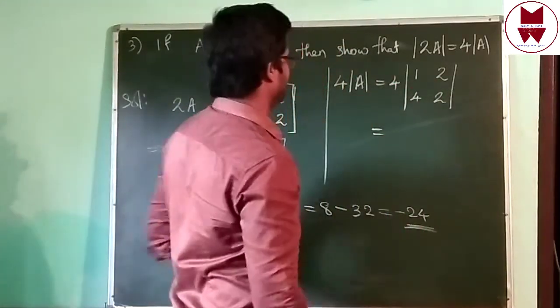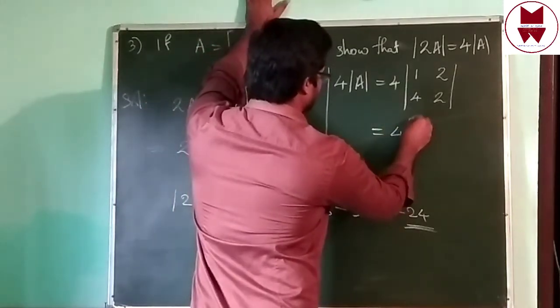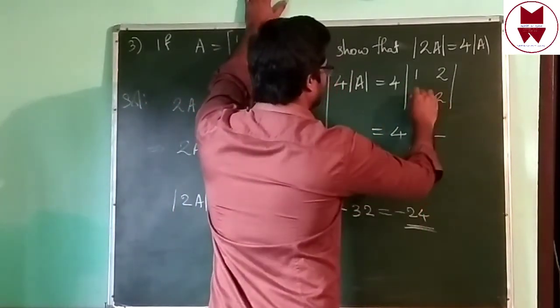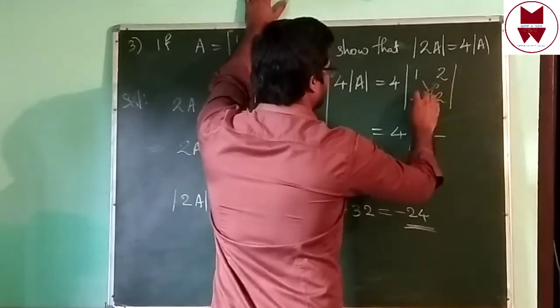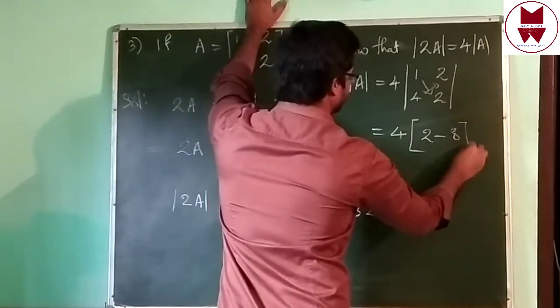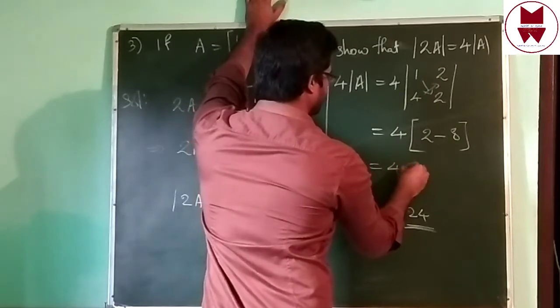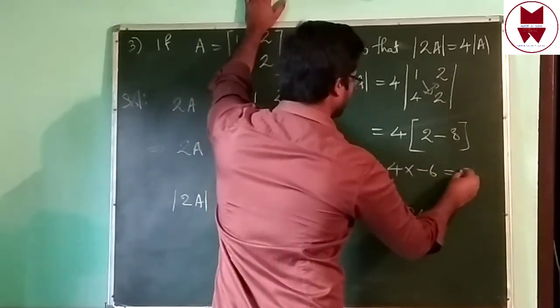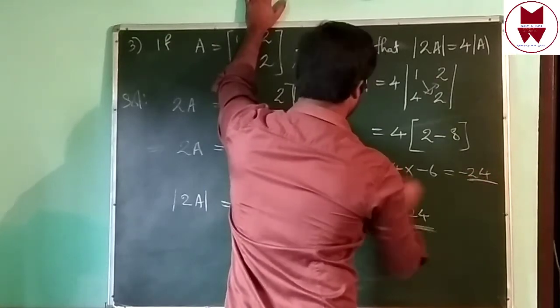Now 4 into (1 into 2, 2, minus 4 into 2, 8), so 4 into (2 minus 8), that is minus 6, equal to minus 24.